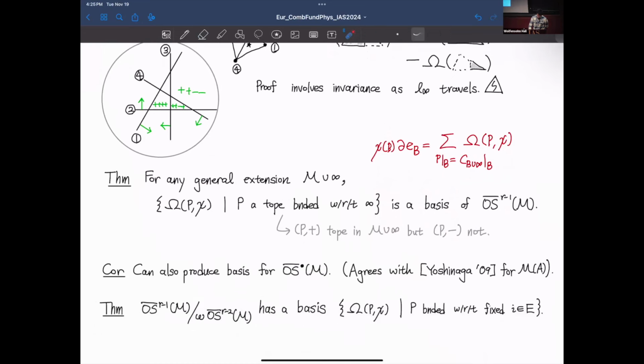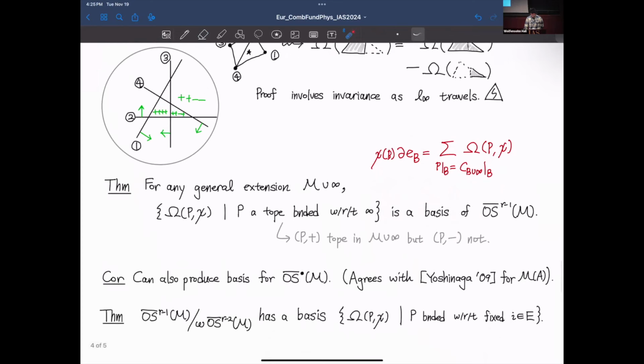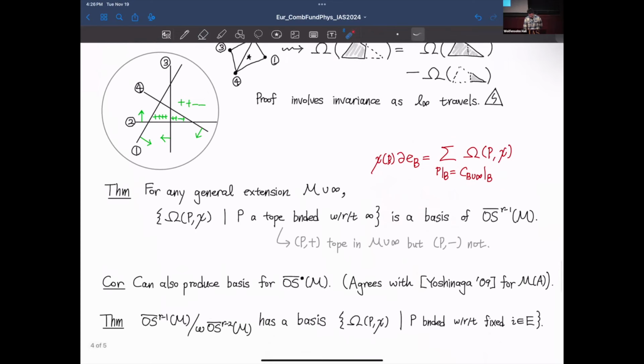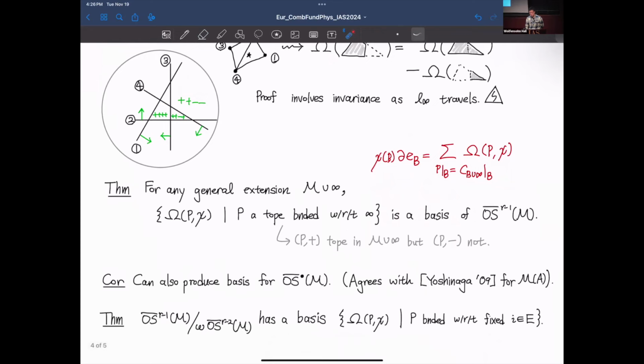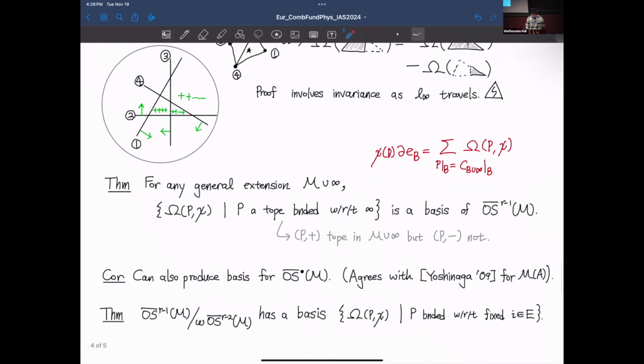And these guys tend to form a nice basis for various other spaces. They seem to be the nice basis for various kinds of pairings that Thomas briefly mentioned in his talk yesterday. For one instance, this is what's called the top part of the Aomoto complex, where I'm looking at the Euler orthogonal algebra modulo some generic one form times the one degree less, and that also has a basis given by topes bounded with respect to any fixed element among my ground set, and so forth.